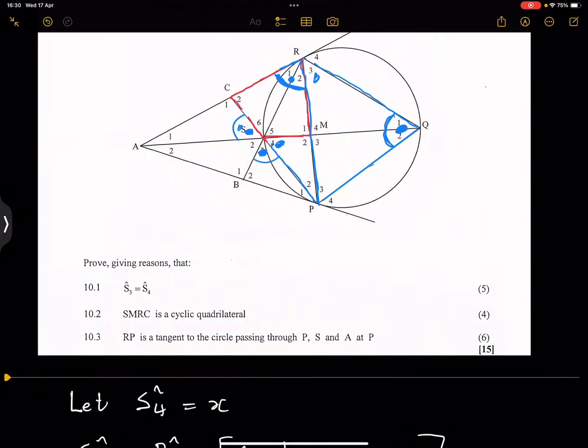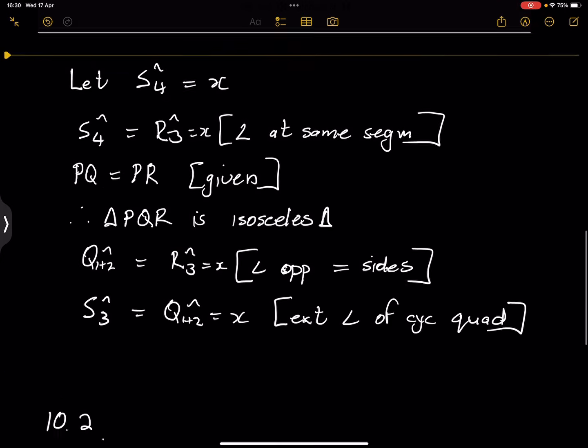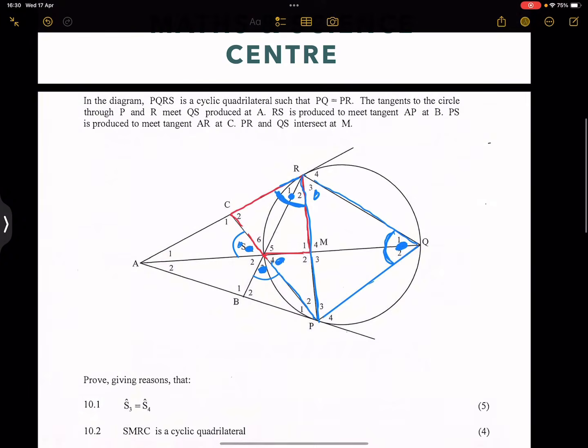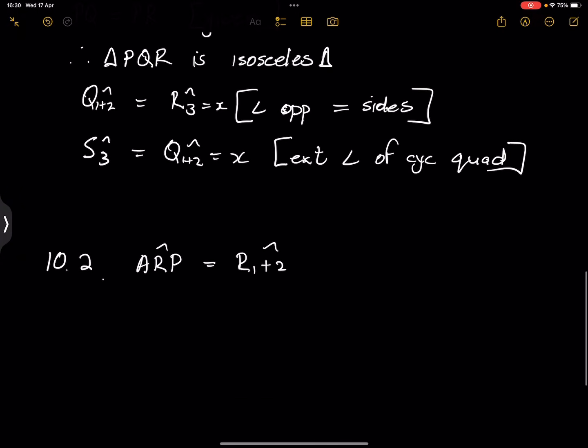So we said R1 and R2, or you can say angle ARP, which is made out of R1 plus R2, would be equal to angle Q1 plus Q2, and why is that?